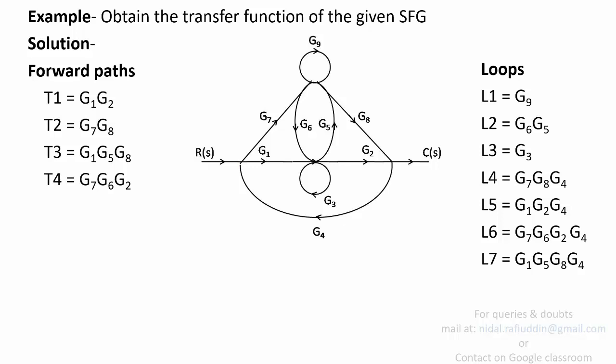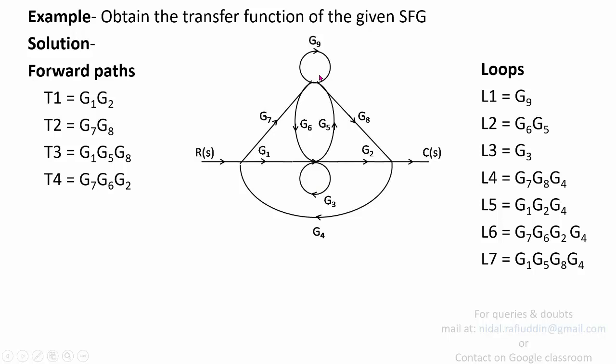Likewise, if you talk about non-touching loops, first we'll try to identify pairs of non-touching loops. If you look at this figure, you'll see that this particular loop and this loop are non-touching. Likewise, you'll find that this loop and this loop are non-touching. Again, G7, G8, G4 is non-touching to G3.